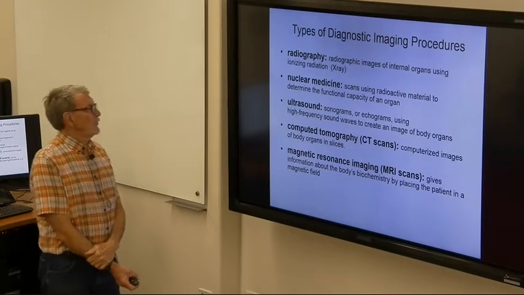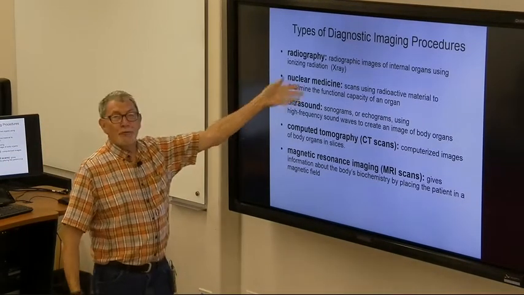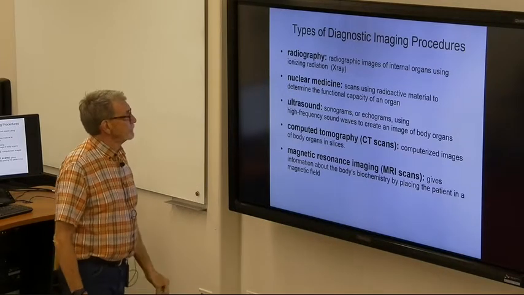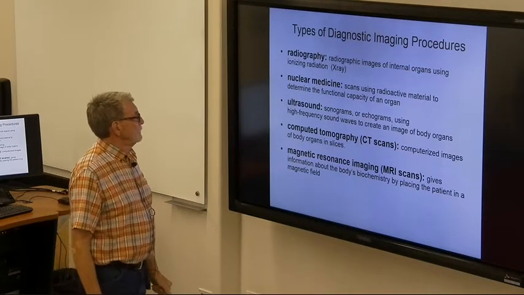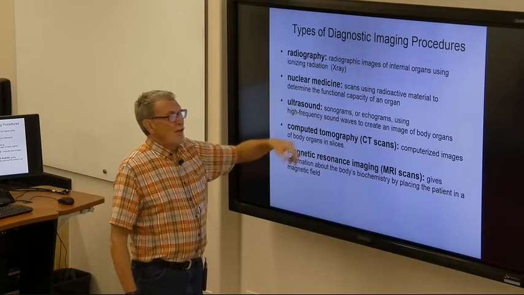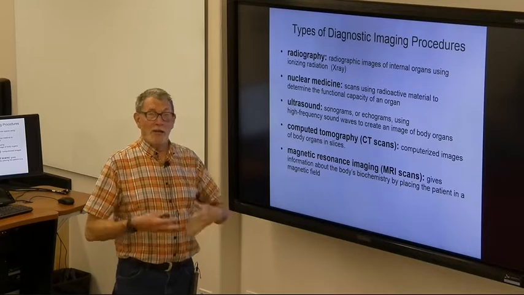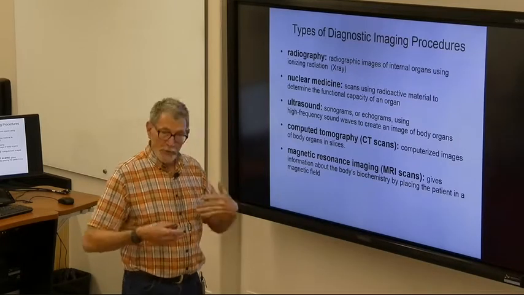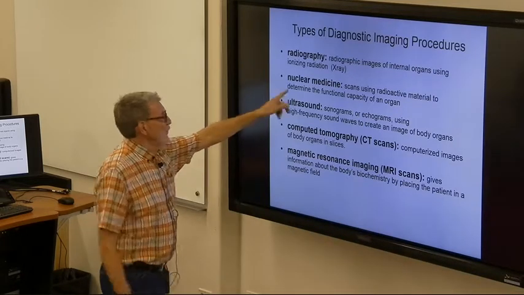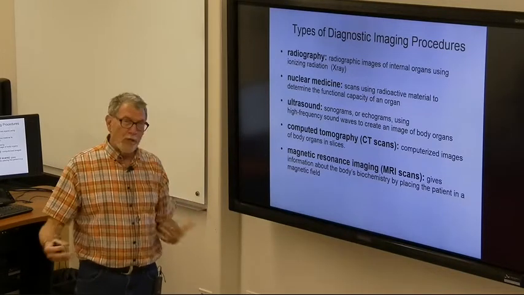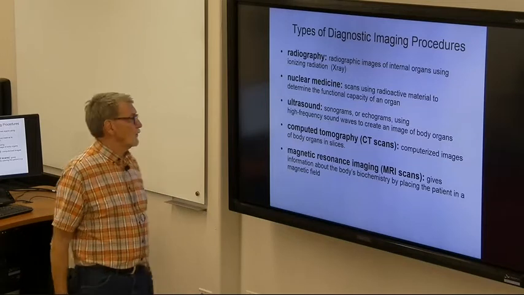Diagnostic terms. Radiography is using chest x-rays, basically. Nuclear medicine, you inject a radioactive isotope that glows under some kind of imaging so that you can see where the air is going or see where the blood is going, depending on where you put this stuff.